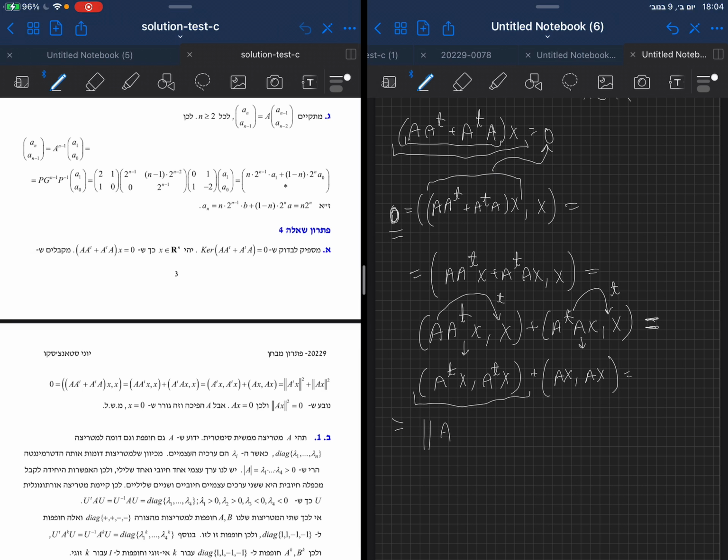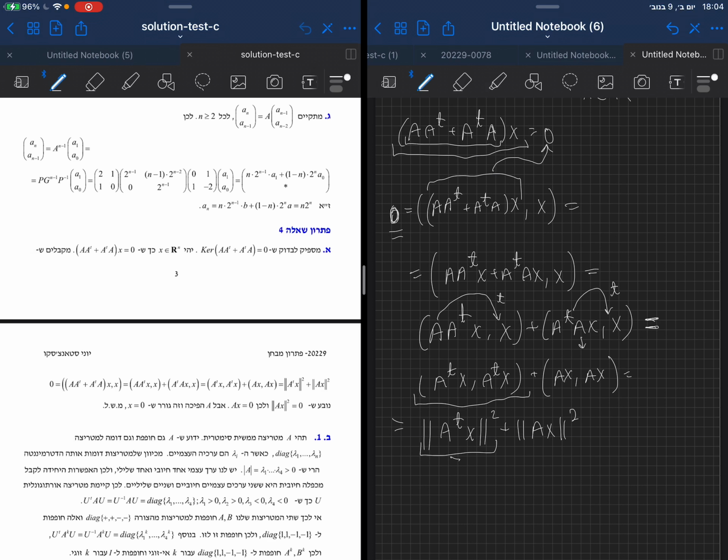So it equals the norm of A transpose x squared plus the norm of Ax squared, without a square root.